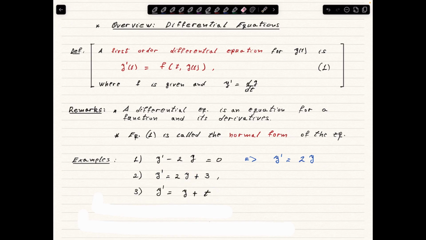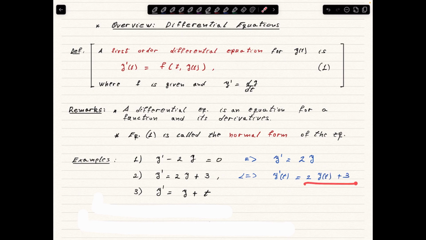So it could also contain the variable t explicitly. Here we were not writing the variable t inside the function, but this is the same as writing y prime of t, because it's a function of time, equal to 2y of t plus 3.